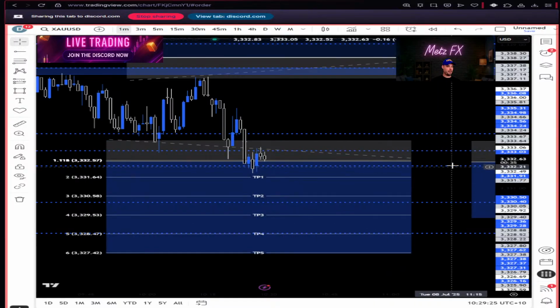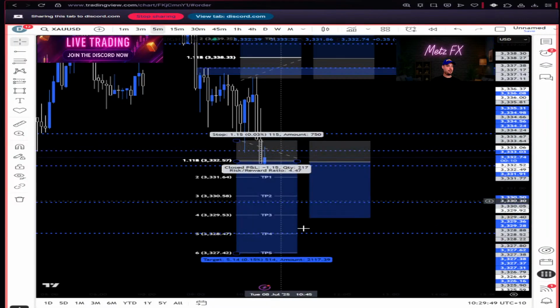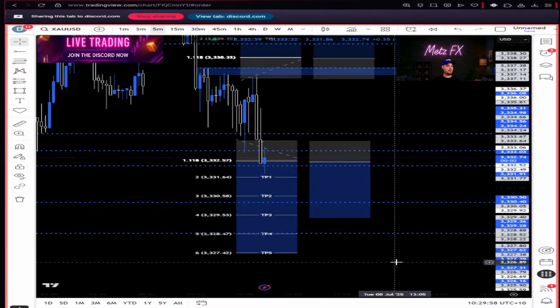Just needs to break this level again. 13 seconds. It would have been ideal if it closed below this level. That would have been very nice. So anything could happen now. It's a shame it didn't close below that level.